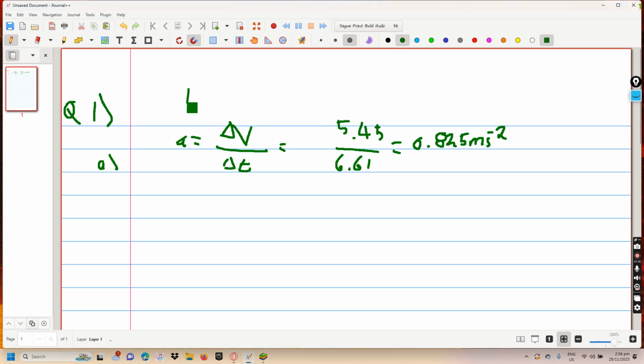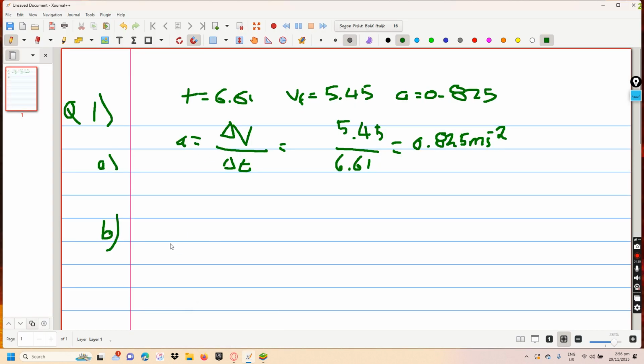So we had time equals 6.61, velocity final is equal to 5.45, acceleration equals 0.825. Now, the problem with this question is there are two theoretical answers. The first is if you just sub directly into the formula sheet, and you're going to get distance equal to, which one do you want to use?